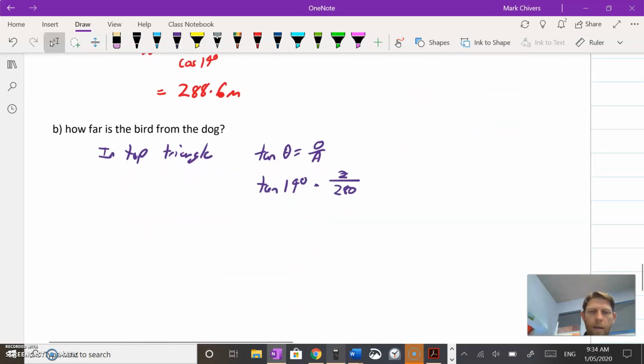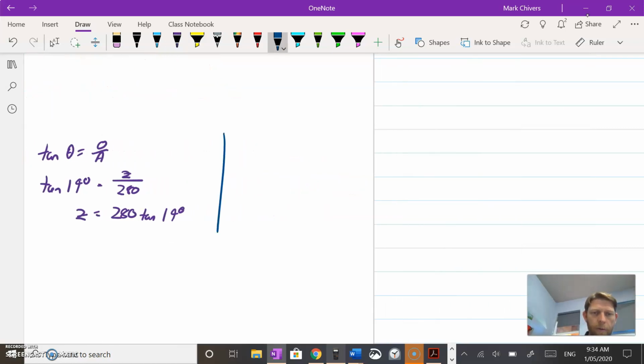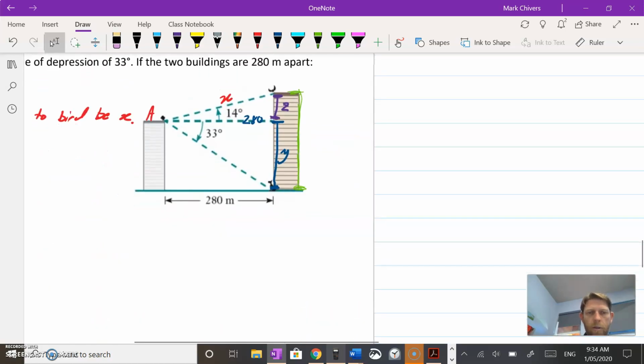So I'm going to end up with z equals 280 tan 14 degrees. And then in the bottom triangle, I also will use tan, so I've got an opposite side and an adjacent side.